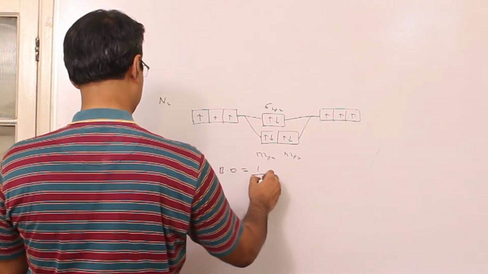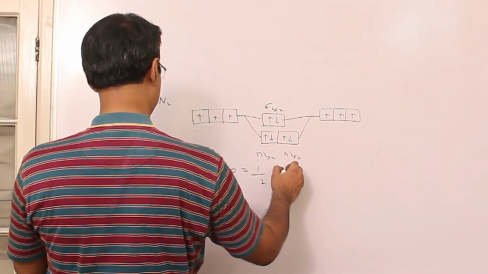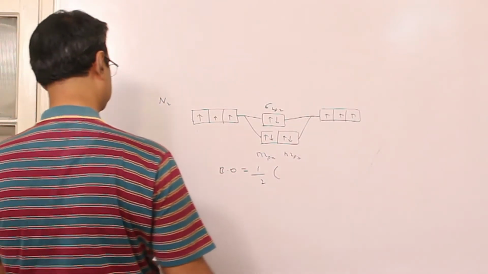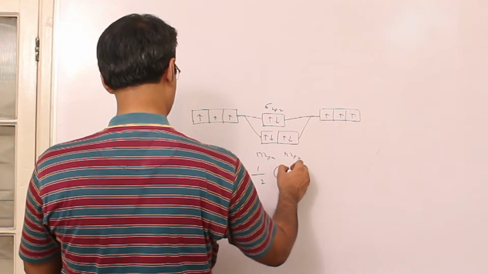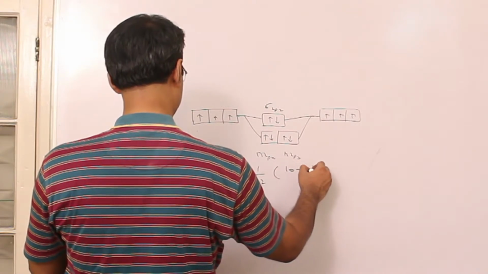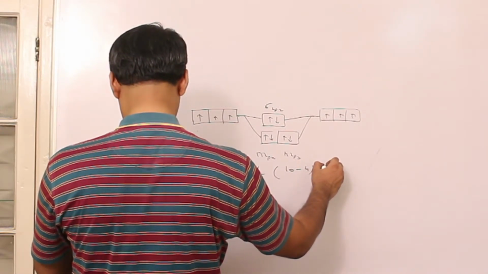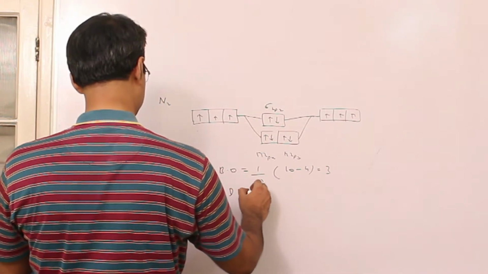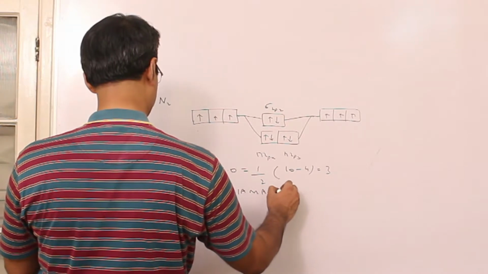So the bond order will be half into (10 minus 4). So the bond order is coming equal to 3, and you can easily see that it is diamagnetic.